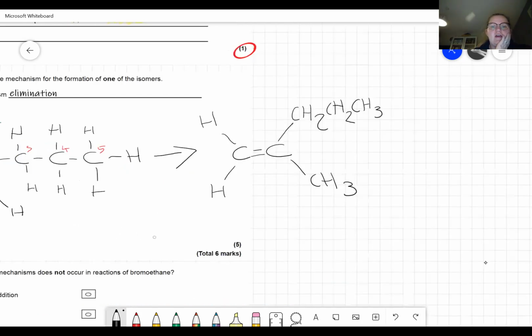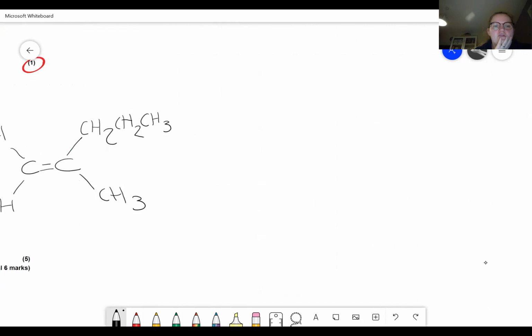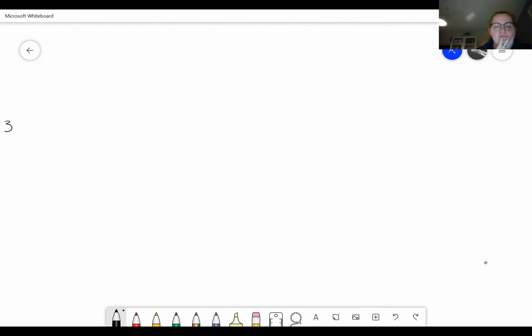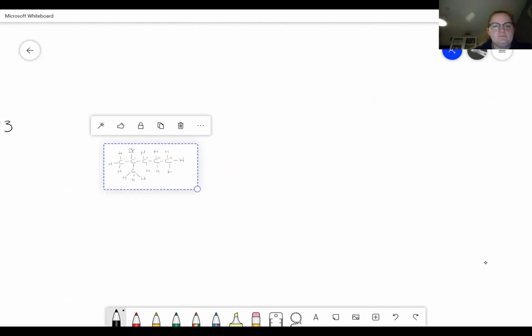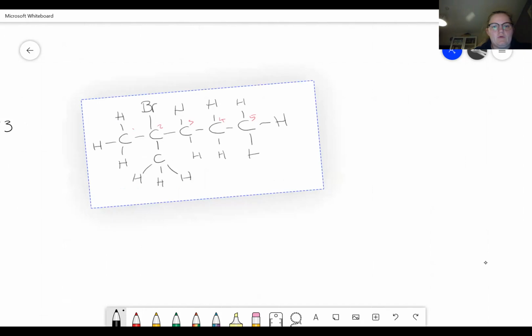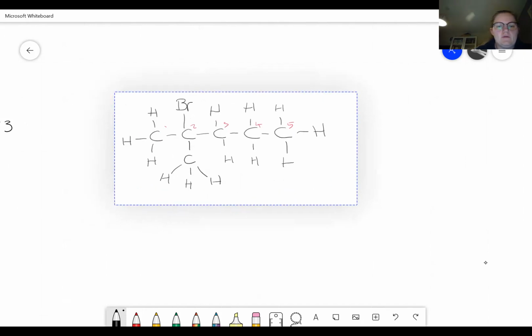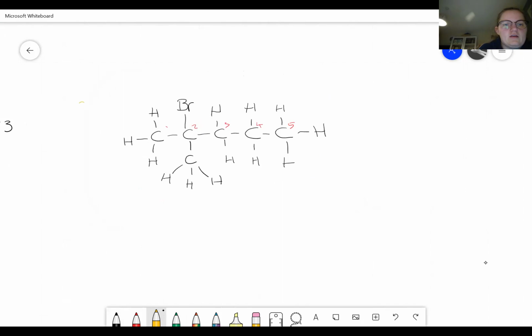Quickly just going to show you at the side what would happen if our hydroxide, potassium hydroxide, attacked at a different position, and what isomer it would make. Here we go. Add on our potassium hydroxide again, OH minus, lone electron pairs. Exactly the same thing's going to happen, but I didn't want to draw it there.